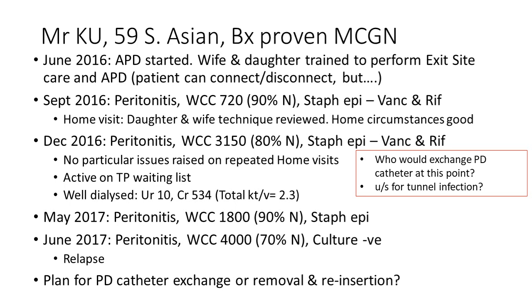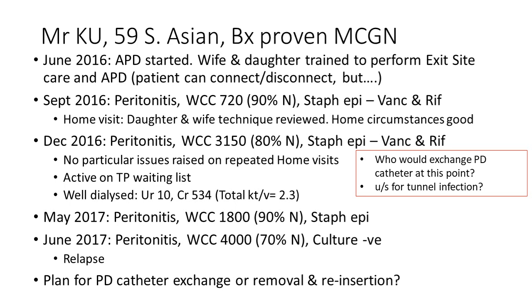And if we weren't clear whether he had an exit site and a tunnel infection, then we could have arranged an ultrasound to look at the tracts and particularly at the cuffs to see if there's any swelling or edema around the cuffs to suggest a tunnel infection.